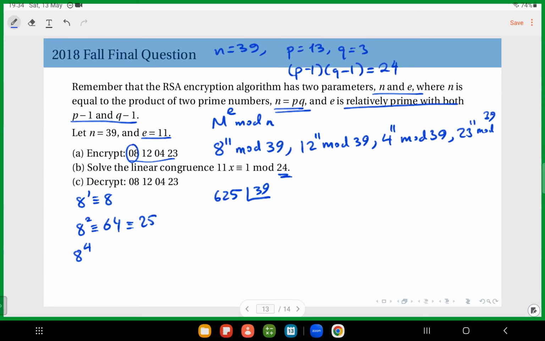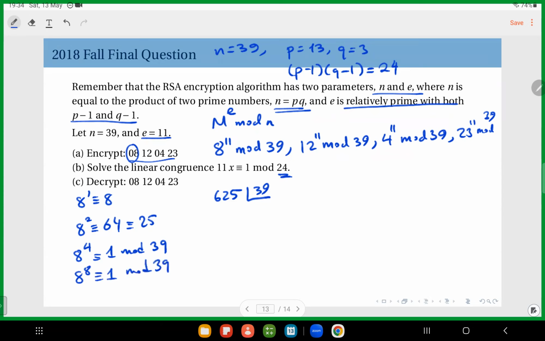This was a final question, and this is nothing that you cannot solve using pen and pencil, but let me skip that in the interest of time. 625 modulo 39 gives you just 1 modulo 39. That's good news, because that means 8 to the power 8 is also 1.